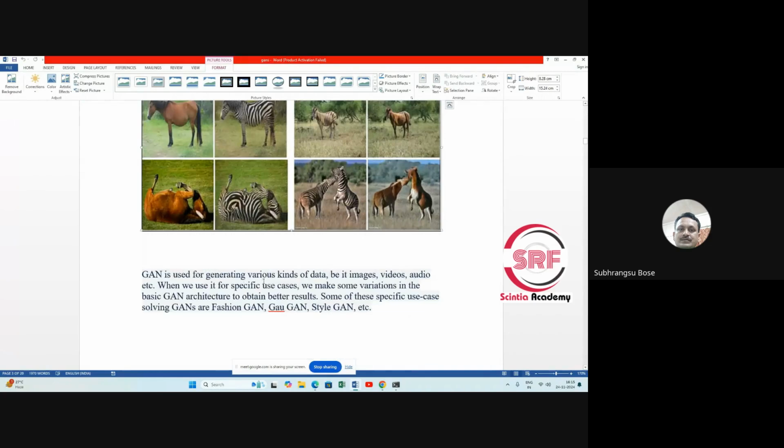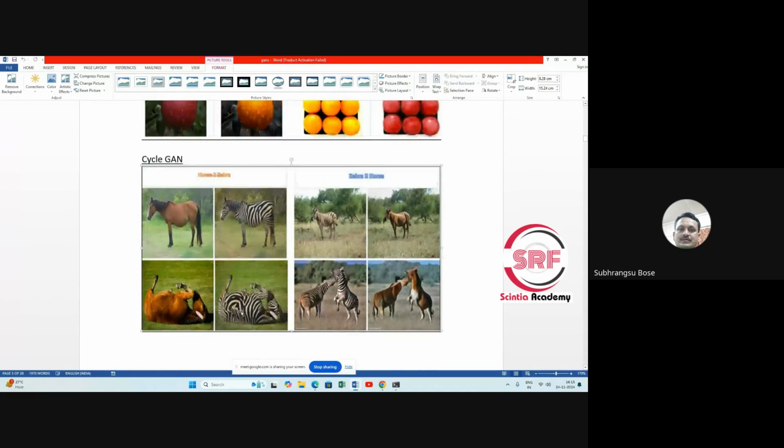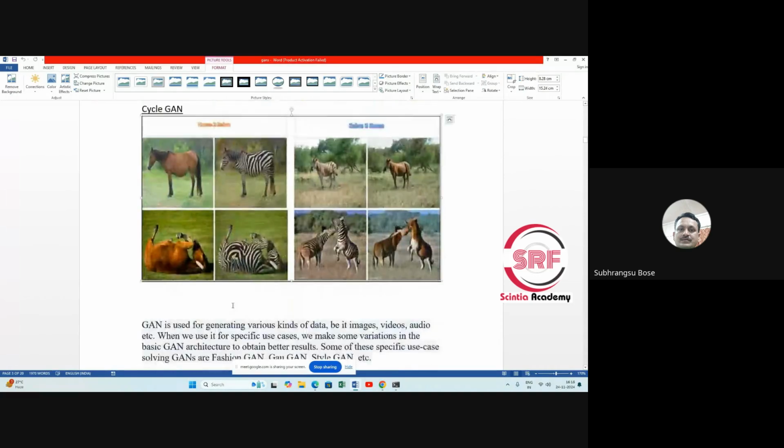GAN is used for generating various kinds of data, be it images, videos, audio, etc. When you use it for a specific use case, we make some variations in the basic GAN architecture to obtain better results. Some specific use cases are solving GANs, fashion GAN. Fashion GAN means keeping the actor, actress, same picture, but the uniform can be changed through colors or different styles.